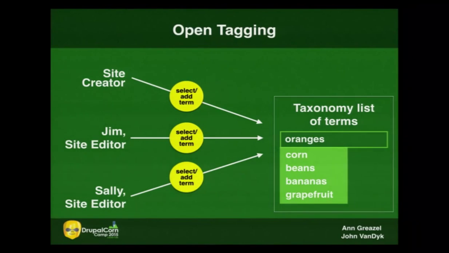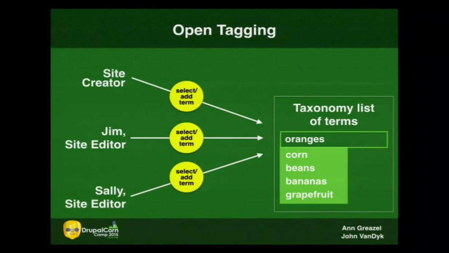Right, and you do this essentially by using the text box, and it's the comma. I should have made the slide where it said oranges, comma, and started to type beans, and then it would do a drop down and show me beans, and you could add beans onto it. So if there was a reason that you could use both terms, that would be how you'd do that. And if it didn't exist and you just hit a comma and nothing showed up and you kept typing, what this module will do is automatically add that term to the vocabulary.